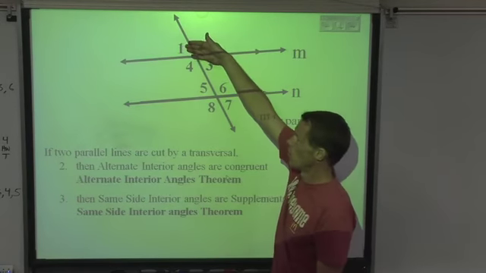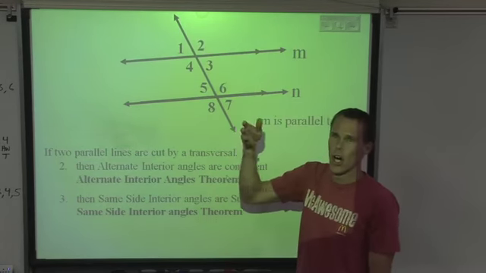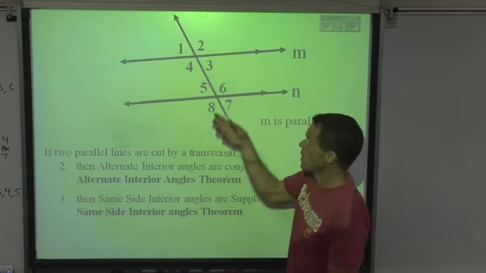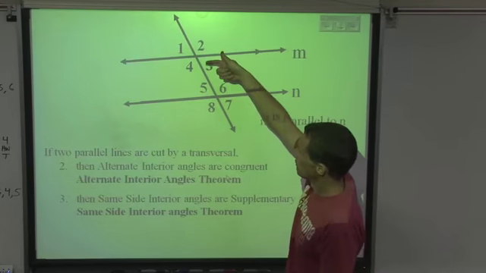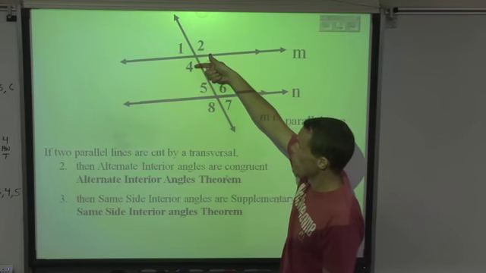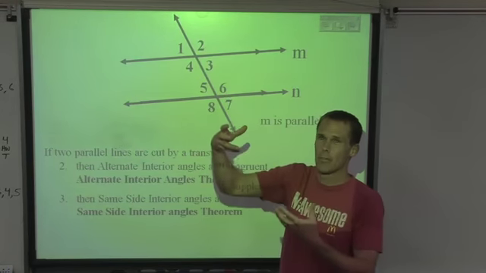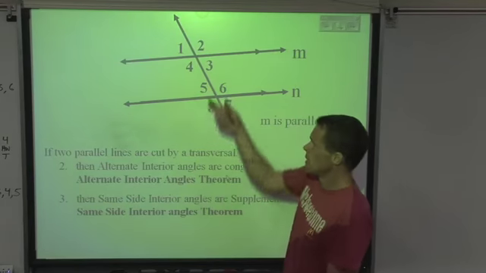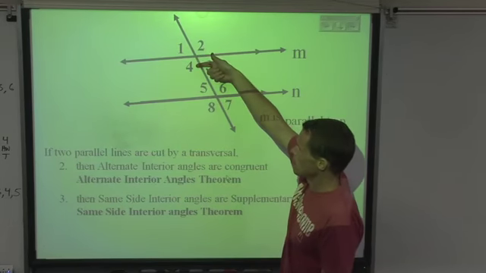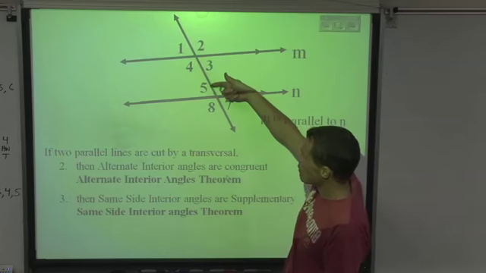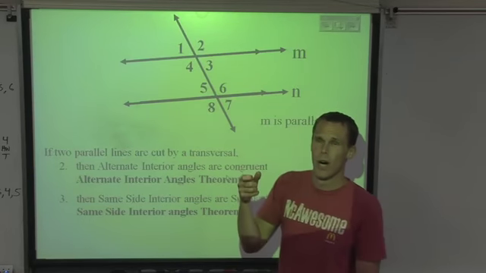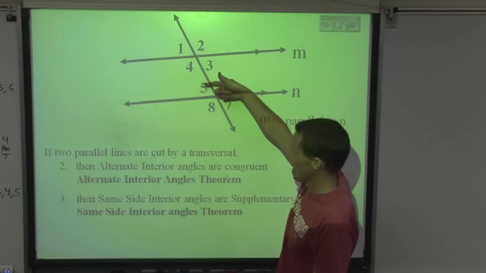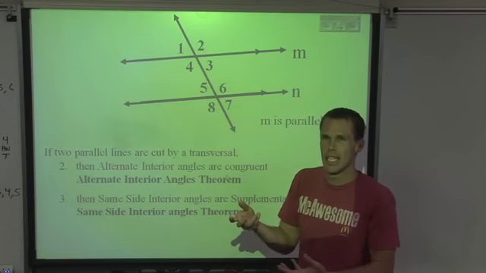We know that angle 1 and angle 5 are congruent because they are corresponding. And we know that angle 1 and angle 4 must add up to 180 degrees because they form a straight line. Now, if angle 1 and angle 4 add up to 180, and angle 5 can be replaced with angle 1 because they're congruent, then we could say that angle 4 and angle 5 add up to 180.